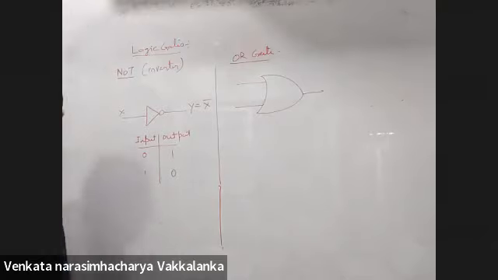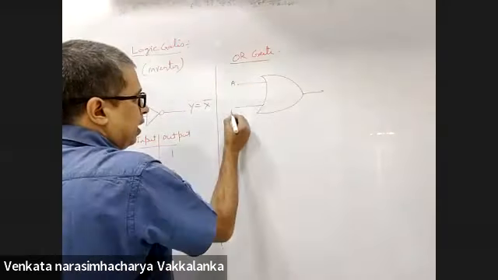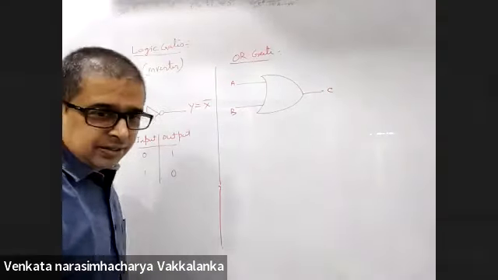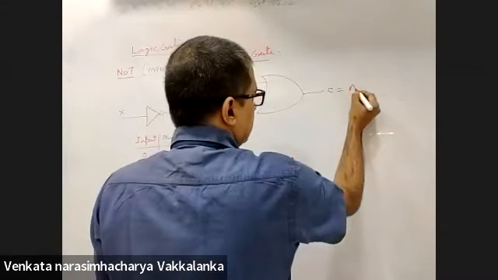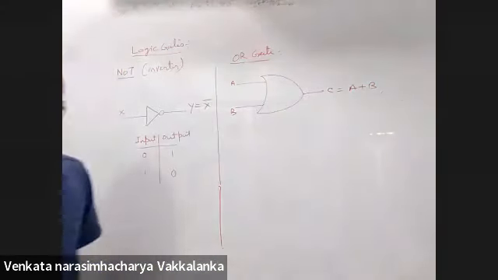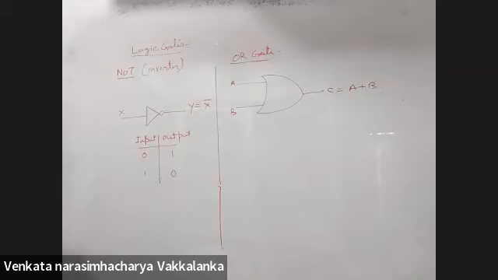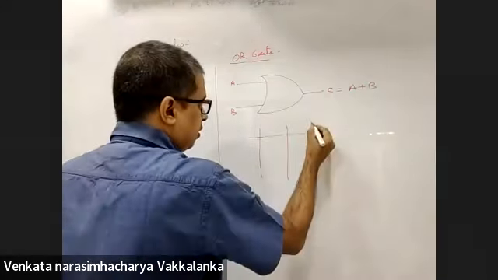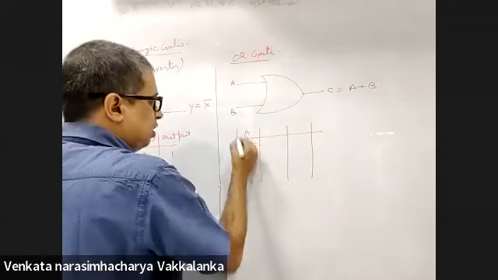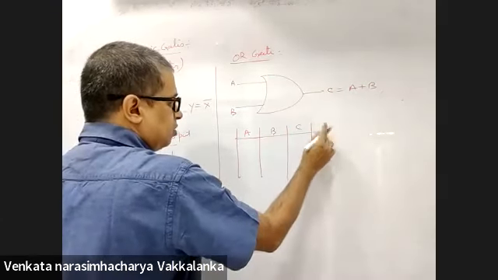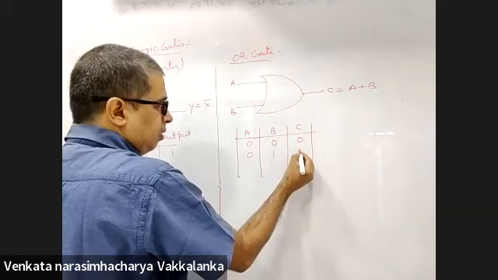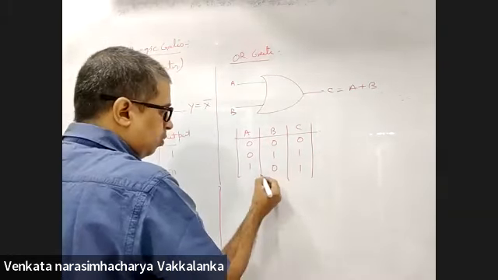OR gate. You will have inputs A and B. Output, call it C. This will be A plus B. OR gate will be A plus B. This is A, this is B, this is C output. 0, 0 will be 0. 0, 1 will be 1. 1, 0 will be 1.